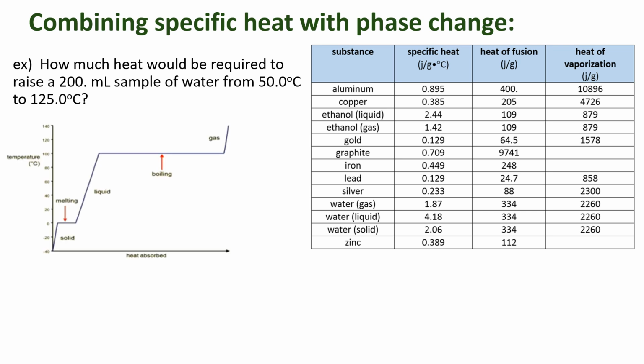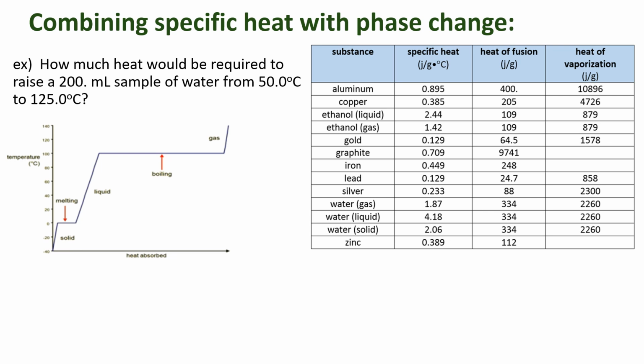Now, the interesting thing here as we look at our heating curve is we've only dealt to this point with things being, like, a liquid warming up but not boiling, or a solid melting, or a liquid boiling, or something like that. But here, we're starting out at 50 degrees Celsius, which is right about here as a liquid, and then we're continuing to add heat until we get to 125 degrees Celsius, so somewhere up here.